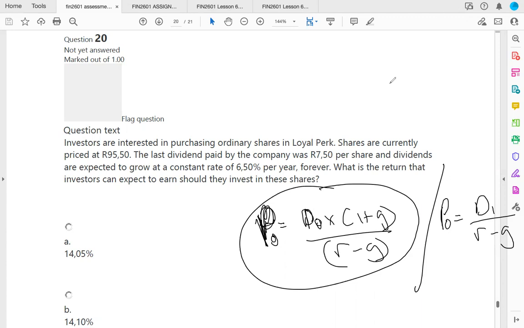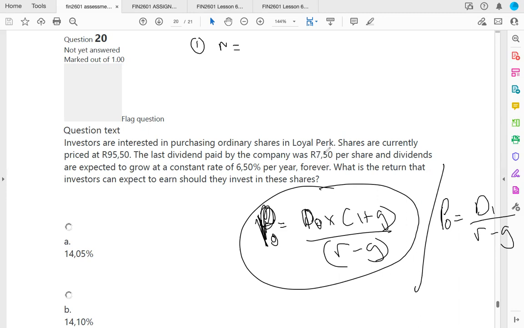What can sometimes happen in an exam, with the first formula, is that you might be asked to calculate the required return using the Gordon growth or the constant growth formula.